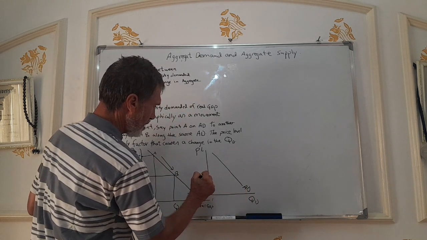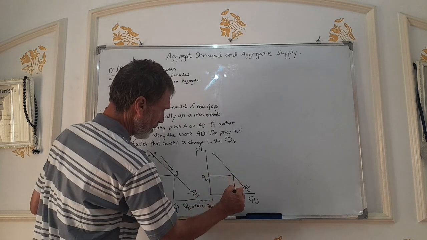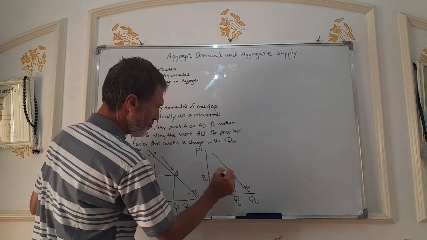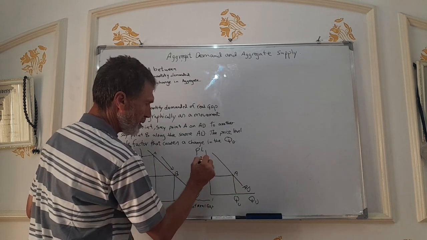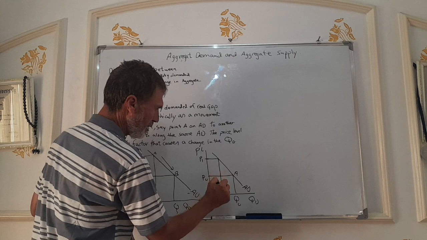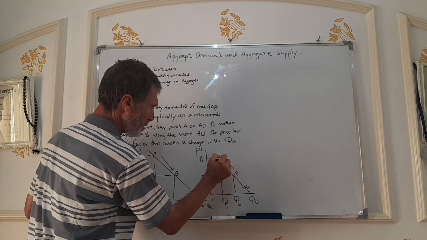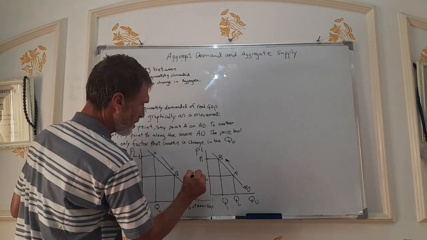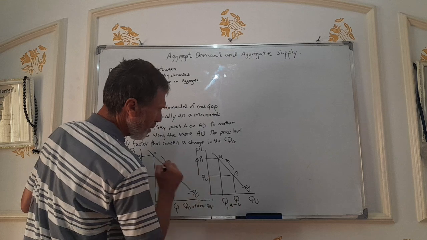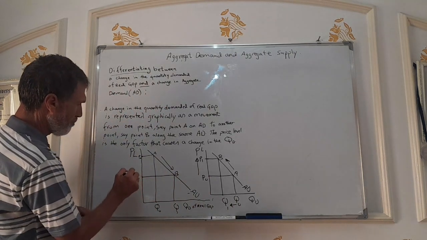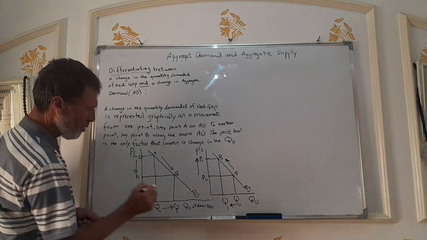When the price level is P0, the quantity demanded is Q0, point A. When the price level increases to P1, the quantity demanded decreases to Q1, point B, along the same curve. So P0 increases to P1, Q0 decreases to Q1. And P0 decreases to P1, Q0 increases to Q1.